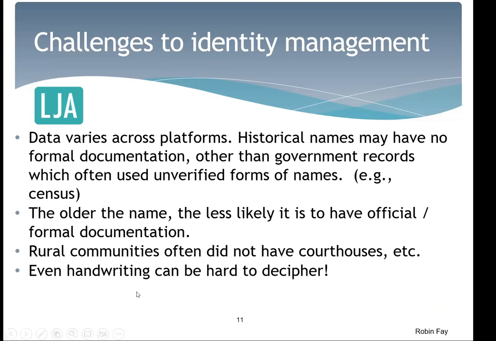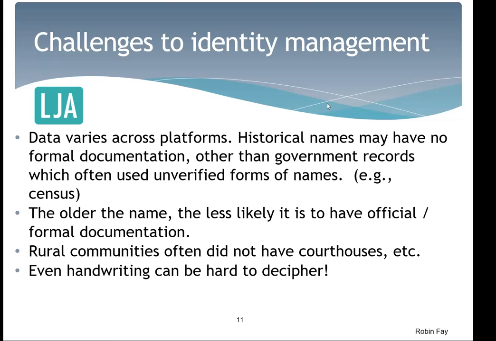So we've talked some about the challenges of identity management in terms of not being able to find information. We talked a little bit about those broad categories of problems with data. And as I said, you will see these with identity management. So, data varies across the platforms, certainly throughout time, right?